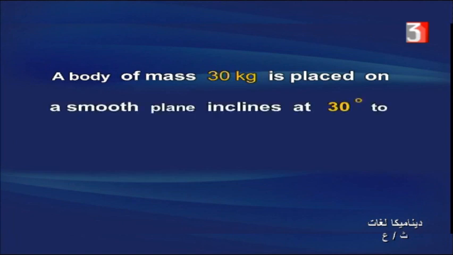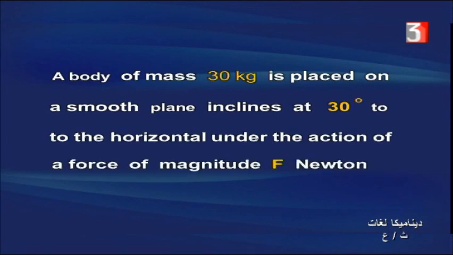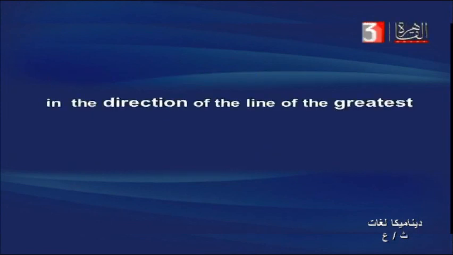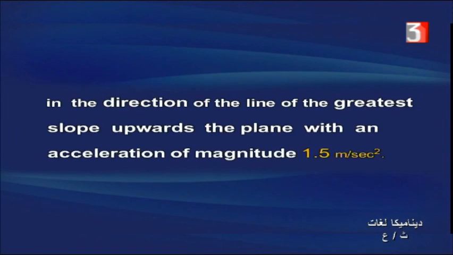Another example. A body of mass 30 kilogram is placed on a smooth plane inclined at 30 degrees to the horizontal under the action of a force of magnitude F Newton. The direction of the force is in the direction of the line of the greatest slope upwards the plane with an acceleration of magnitude 1.5 meter per second squared.